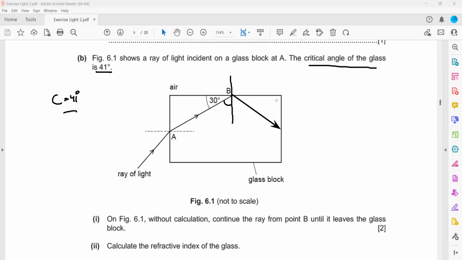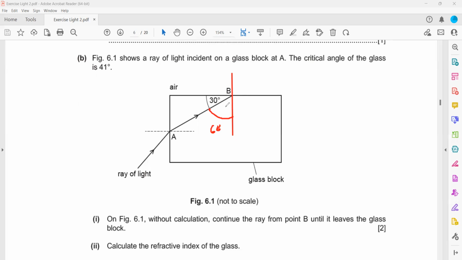So when we work out the angles here, we don't have to do calculation, we just have to work out the angles. When we draw a normal, it is always perpendicular, or 90 degrees, to the surface. So if this angle is 30, how much is this angle? This will be 60.